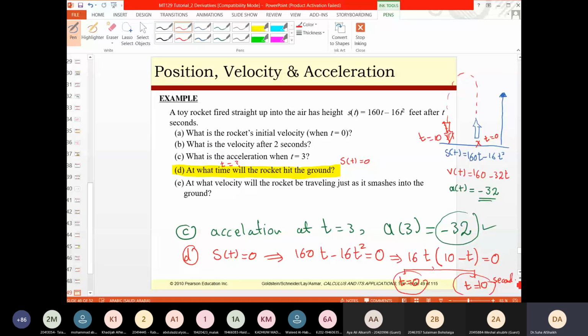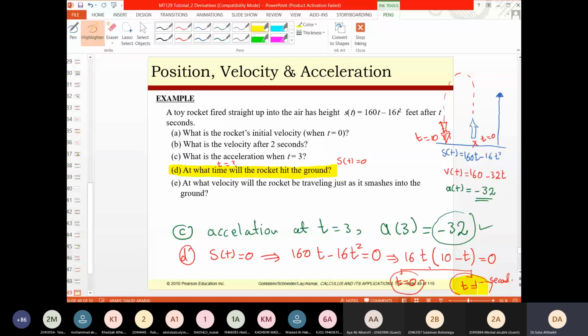They didn't ask me about the beginning, about t equal to 0. They asked when it hits the ground again. It's going to hit the ground when t is equal to 10. You got it? When t is equal to 0, at the beginning of the time, it was on the ground, and it hits the ground again when t is equal to 10.